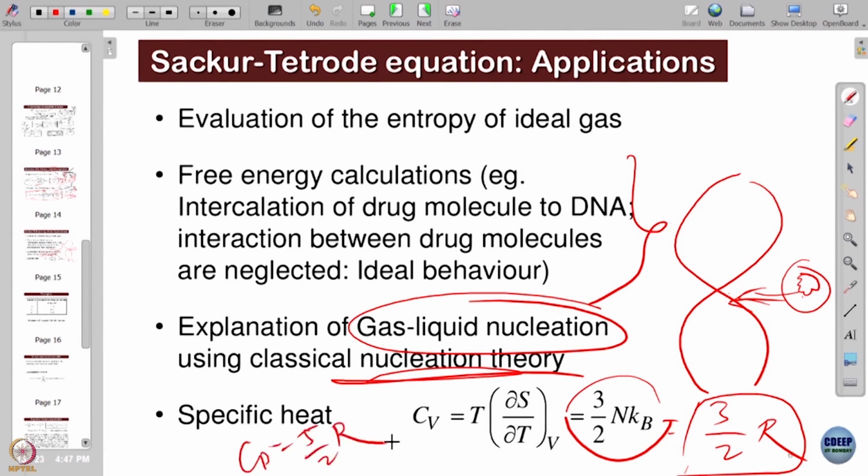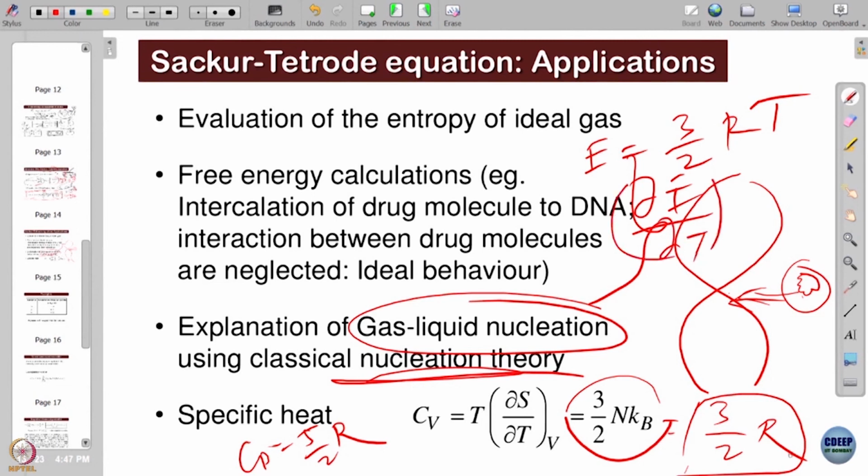Another way to derive this is E equal to 3 by 2 RT, which you know. Then dE/dT is CV, and that is 3 by 2 R. That is the derivation from the kinetic theory of gases, but here it comes directly from the entropy.